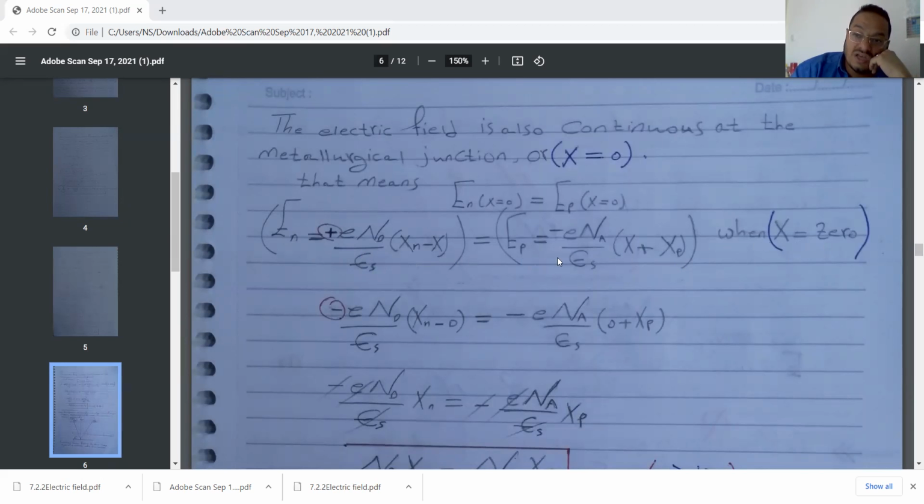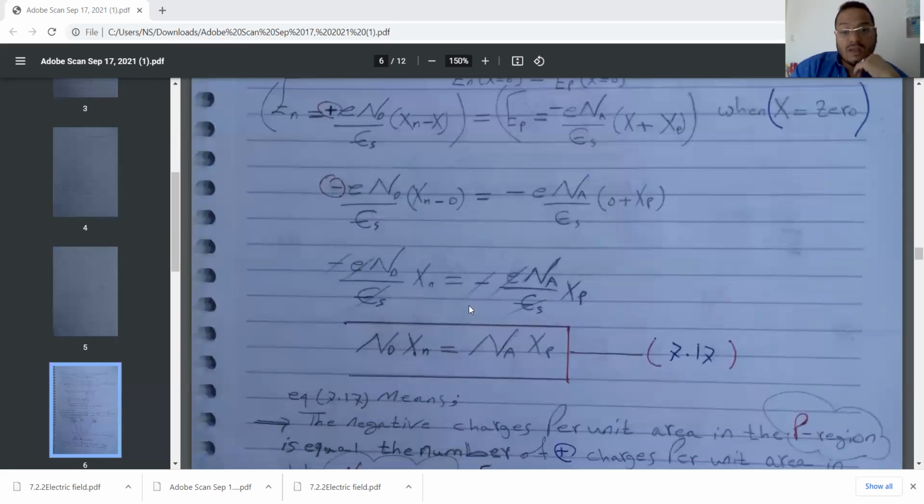Let's put 0 instead of X here and calculate all of that again. We will have donor concentration times width in N region equal to acceptor concentration times width in P region. This will be equation 7.17. No way to write this equation if X does not equal 0.